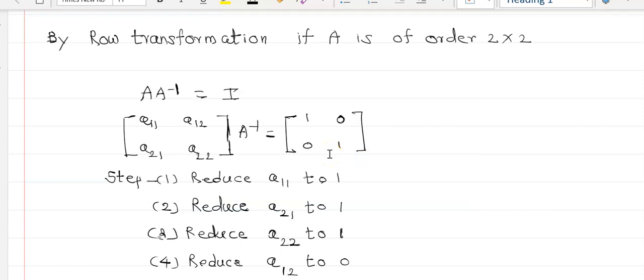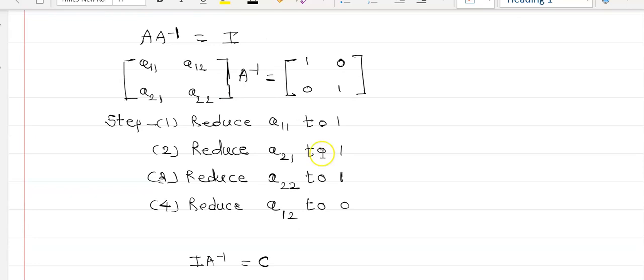Then how to find the inverse? What are the steps to find the inverse of a matrix by transformation? If you want to find the inverse by using the row transformation, you must follow these steps. Reduce first A11 to 1.